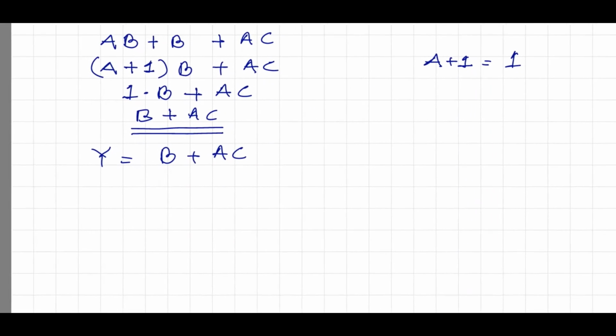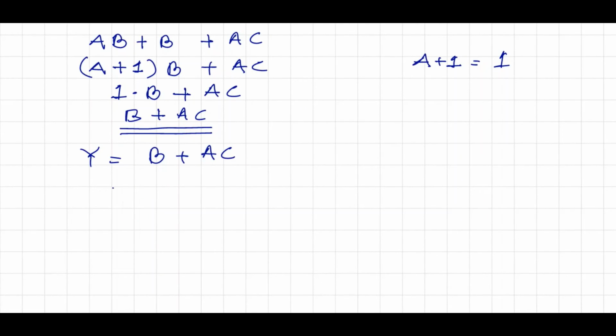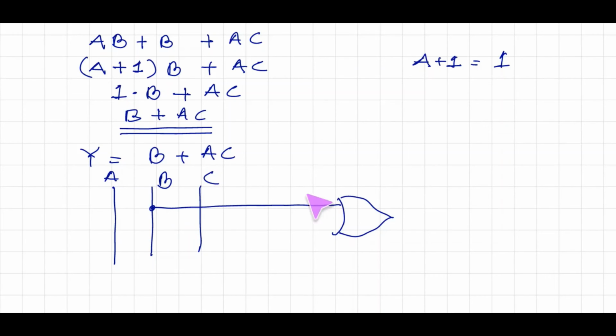If we draw the circuit for this, there are three inputs, A, B and C. Here we see an ORing operation, so this is an OR gate, to which one input is B and another input is AC.